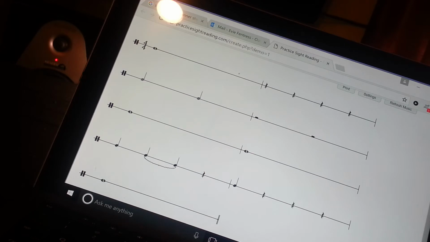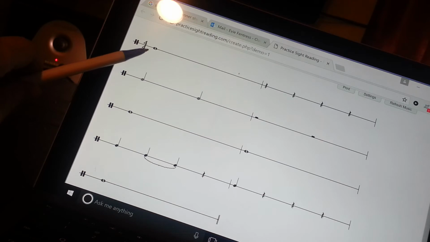This particular piece is just for rhythm only, so it's just written like this on one line. It is 4/4 timing. So when I have 4 beats per measure, how many beats does the whole note get? The whole measure, so it would get 4 steady beats.